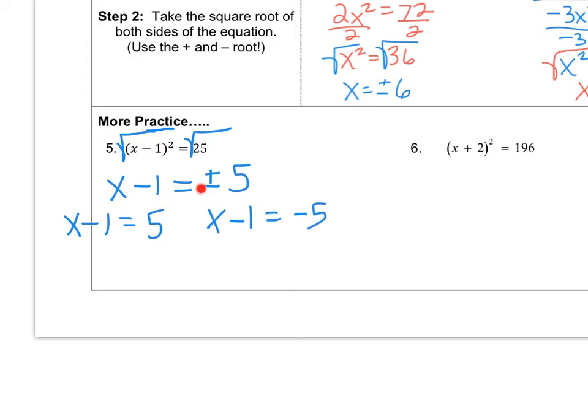I want you to finish solving both of these equations for x to get the answers, and then take number 6 all the way through the process. So pause your video while you do it and then check back for the final explanation.